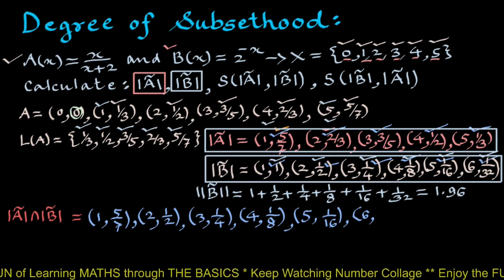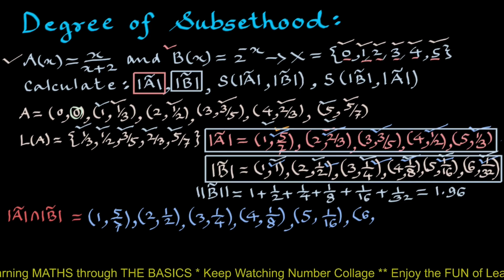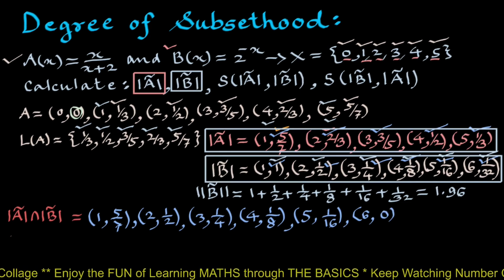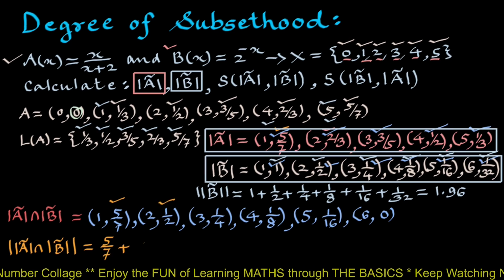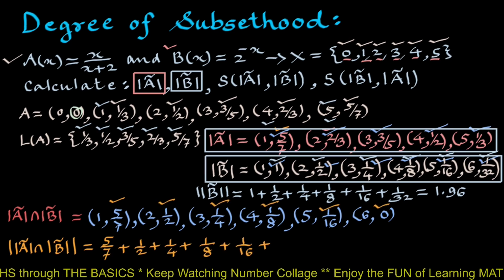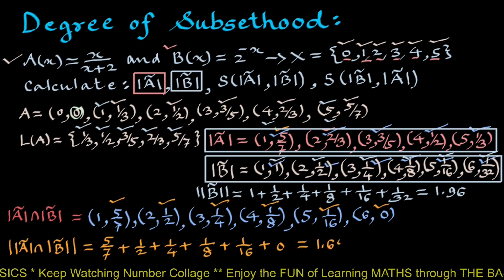Here sixth term 6 comma 0 is not present, so 0 here, and its scalar cardinality will be this 5 upon 7 plus this half plus etc. plus this 0, that works out 1.65.